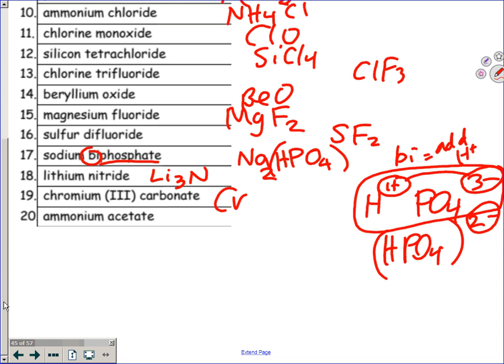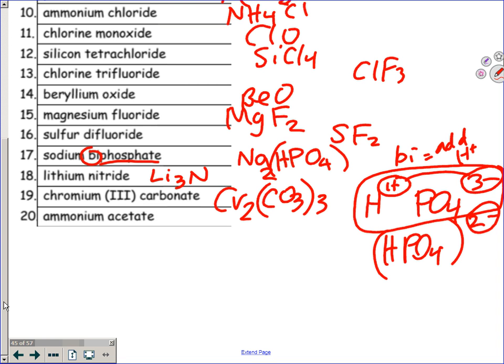Where's this 3 going for chromium? Alright, so this is chromium. What's carbonate? CO3. And I'm putting that in parentheses. Okay. What's chromium's charge? 3. What's carbonate's charge? 2. Crisscross. What goes here? 2. What goes here? 3. Good? Okay.